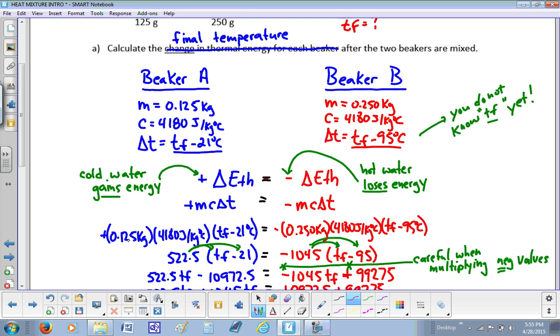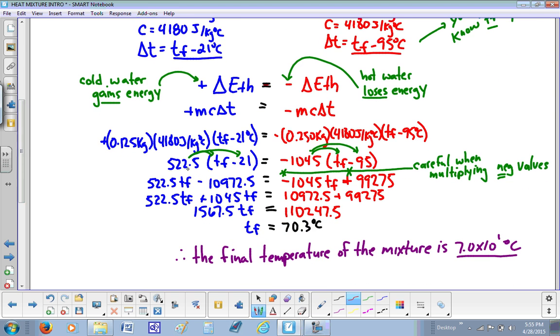Let's simplify factors in the front. So this ends up being 522.5 on the cold side. We multiply it through, FOIL. We end up with 522.5 TF minus 10,972.5. On this side, be careful, negative 1045 times TF gives you a negative 1045 TF.